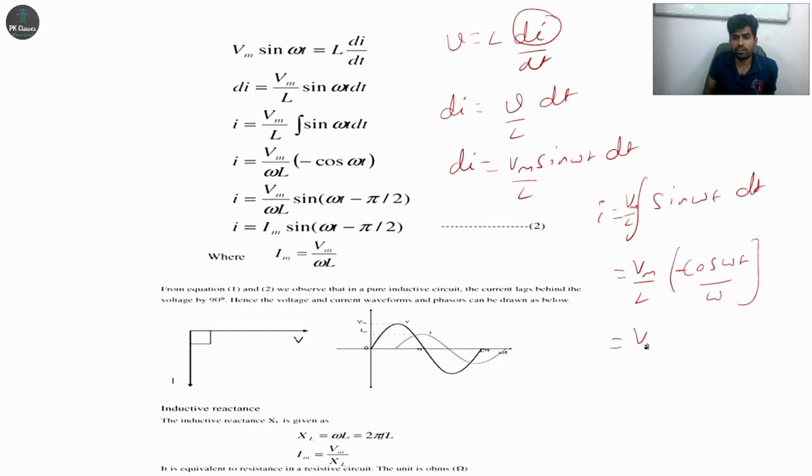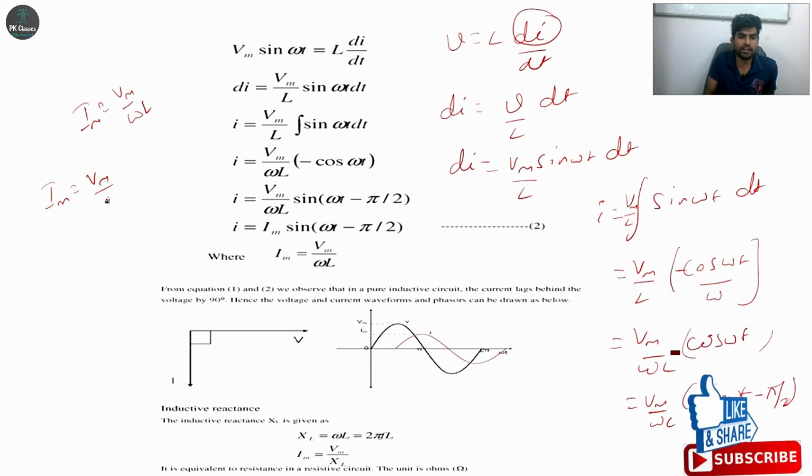So Vm by omega L take outside, cos omega t, which gives Vm by omega L sin(omega t minus pi by 2). Correct, right? So we can write Vm by omega L is Im according to Ohm's law. Omega L, you can write Im is equal to Vm by XL.